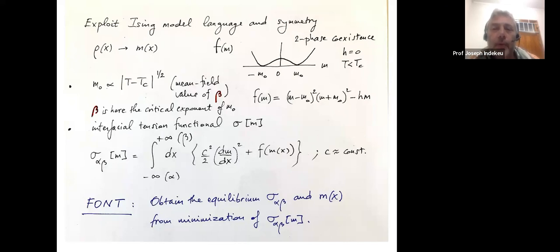And in zero external magnetic fields, we find these two existing phases, the coexisting phases, with order parameter or magnetization values minus M0 and plus M0. And also, if we take the temperature up to the Curie point or up to the critical point of the Ising model, we would find that these values M0 and minus M0 would both tend to 0.